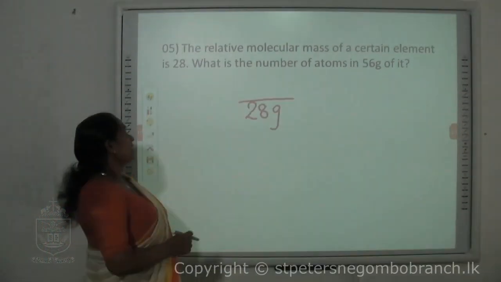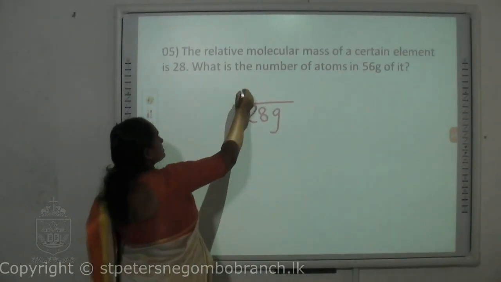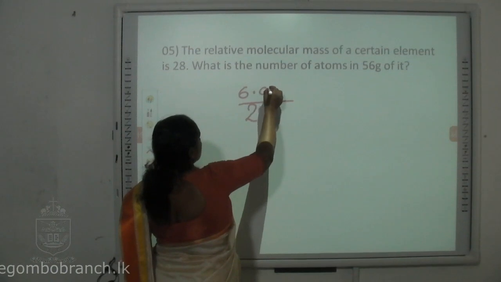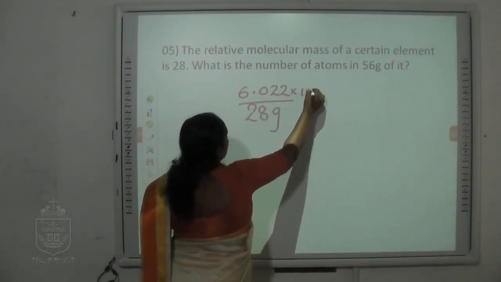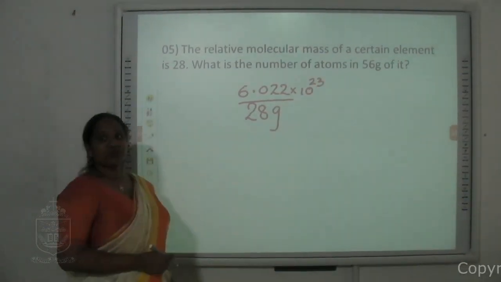In 28 grams the number of atoms is the Avogadro constant, that is 6.022 into 10 to the power 23. This is in 28 grams.